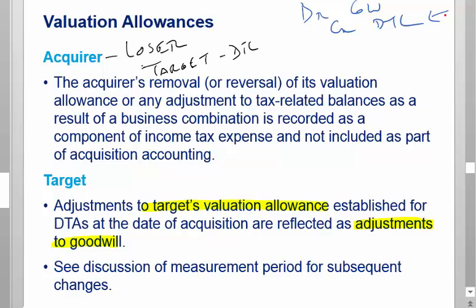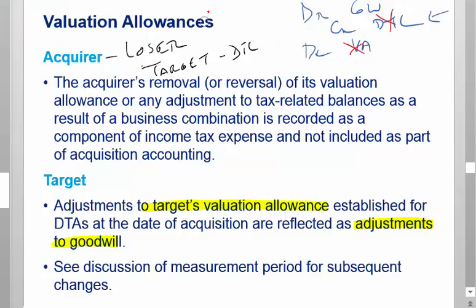But I don't need a net DTL. I got plenty of losses. No one's paying tax here. We don't need liabilities on the balance sheet. So that means I can adjust my valuation allowance. I don't need as much anymore because now I've got this DTL I can net with my DTAs. So I'm going to debit my valuation allowance. So in effect, these guys net out.